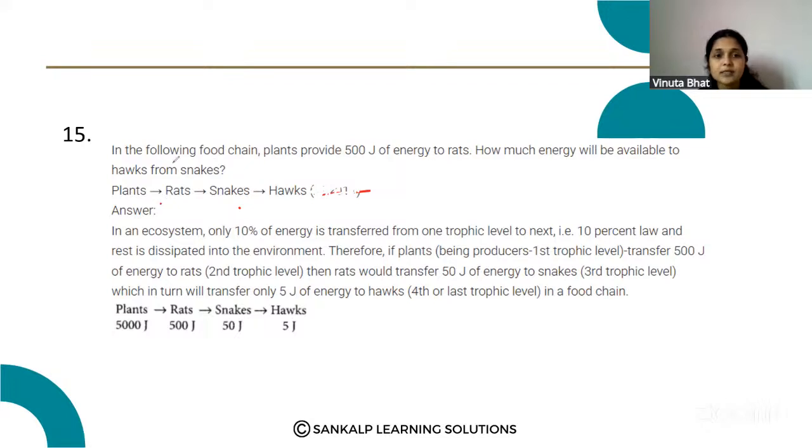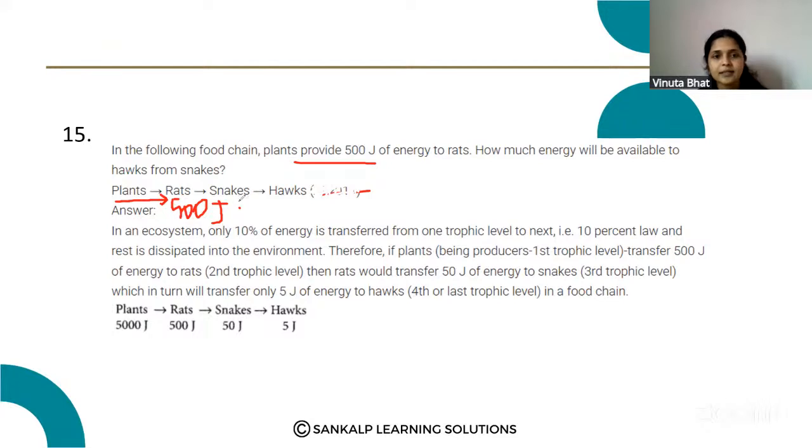In this food chain, plants provide 500 joules of energy to the rats. Then how much energy is available to hawks from snakes?